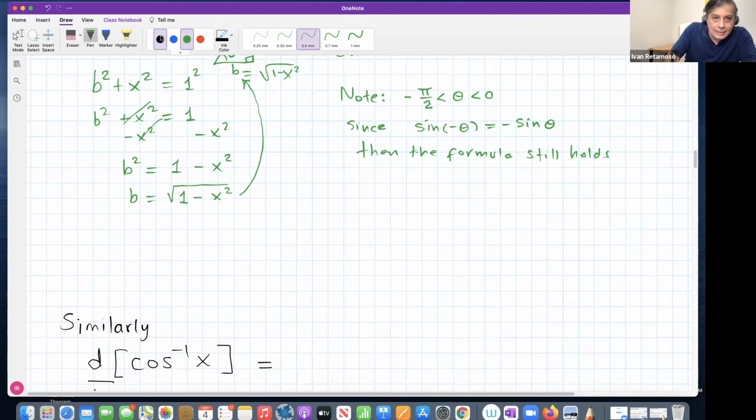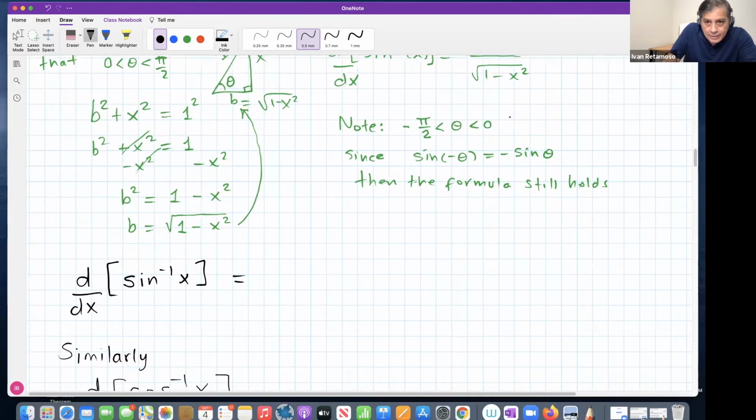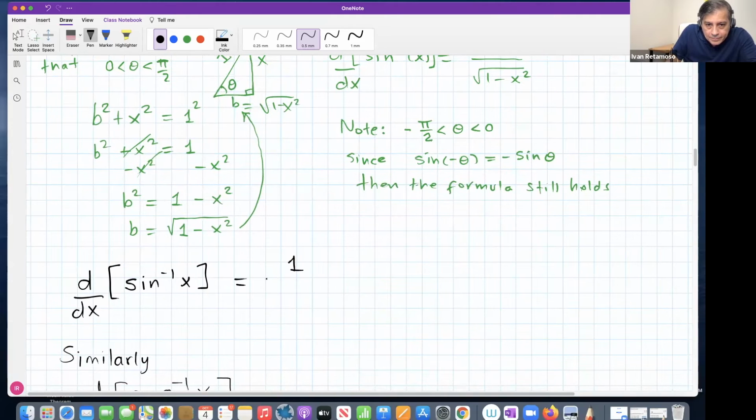But for us at this level, we should first know that the derivative of sine inverse of x should be equal to, we got it here, right? 1 over the square root of 1 minus x squared.